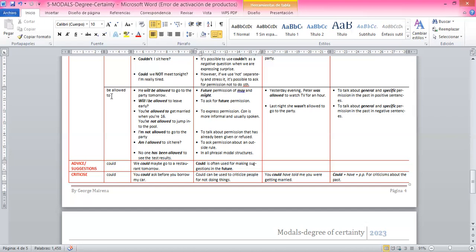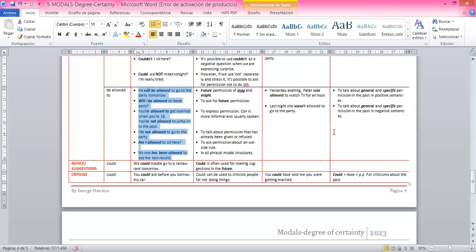Let's see this. Can you read all of this? He will be allowed to go to the party tomorrow. Will be allowed to leave early. You are allowed to get married when you are 16. You are not allowed to jump into the pool.